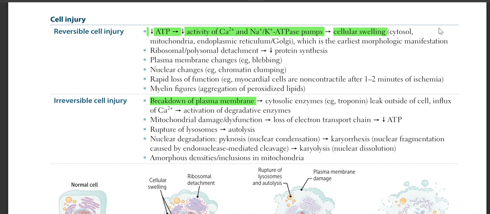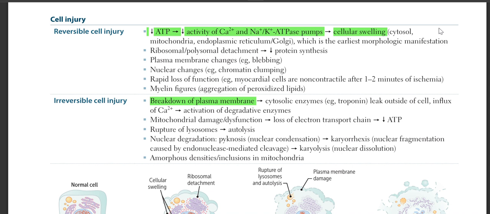In the sodium potassium pump, which electrolyte goes out and which comes in? It's 3 sodium out and 2 potassium in. Potassium comes in and sodium goes out.